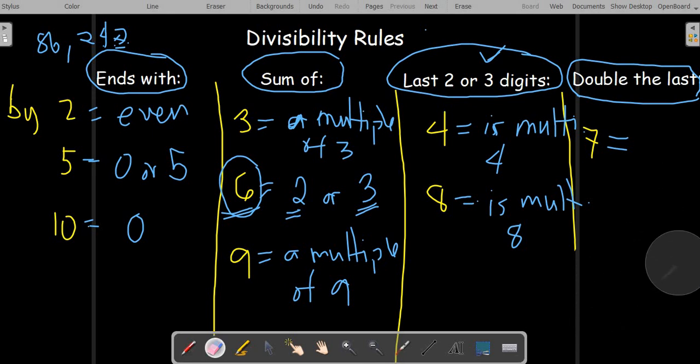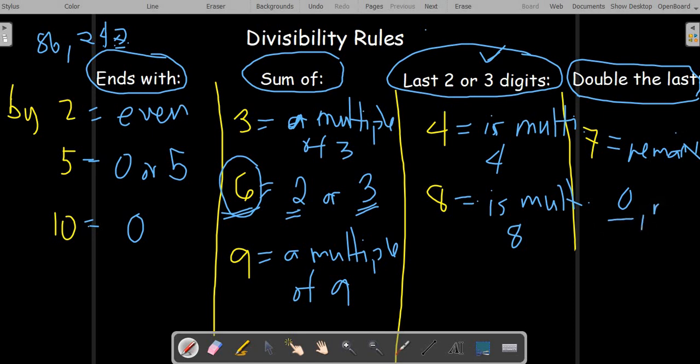You can try it on your calculator. So double the last digit, and if the difference is 0 or a multiple of 7, it is divisible by 7.